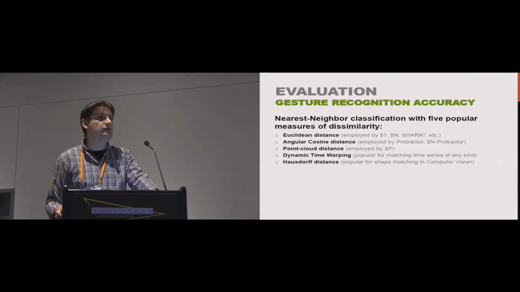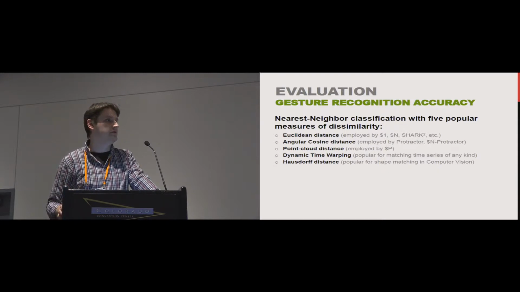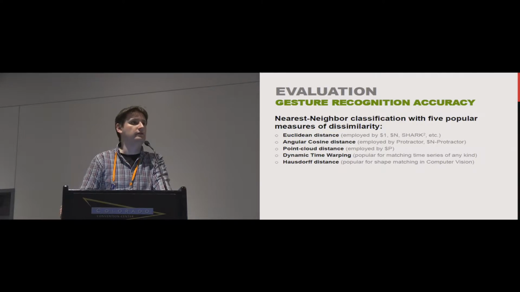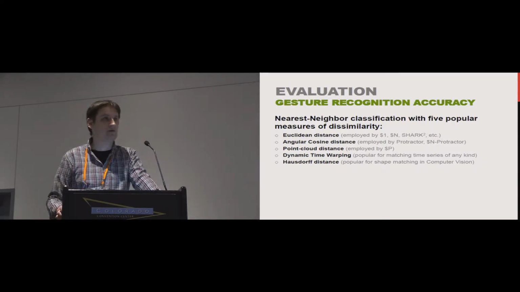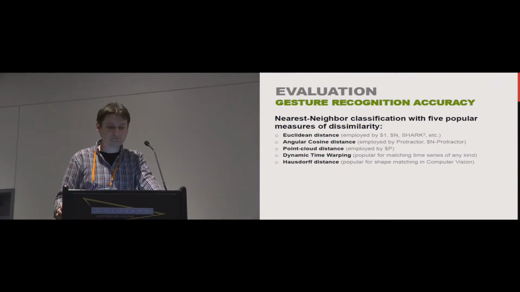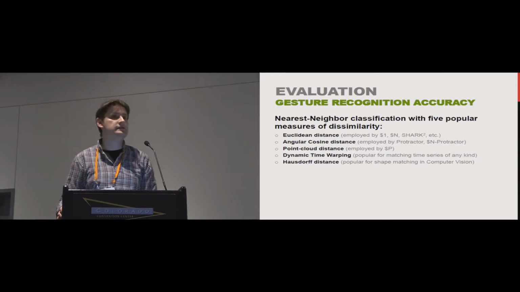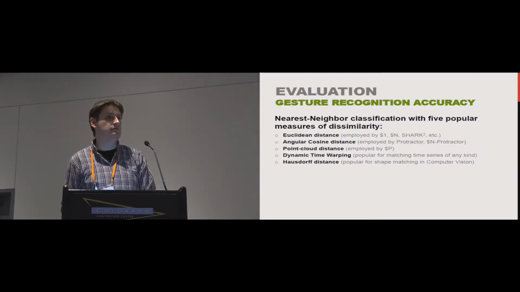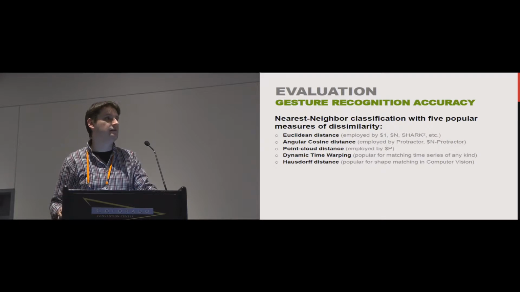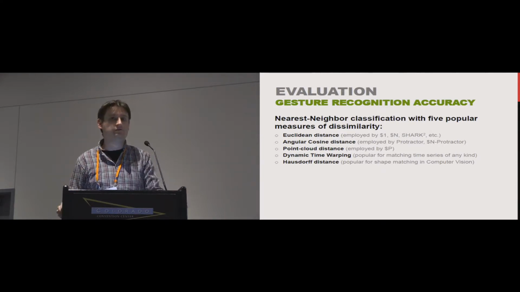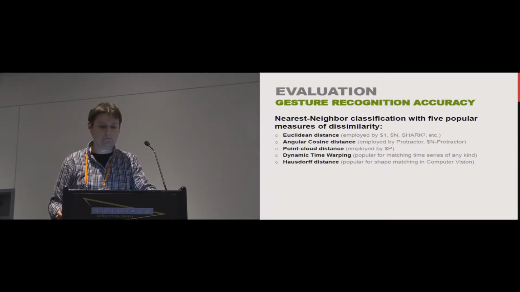Okay, so in order to evaluate recognition accuracy for gestures produced by people with low vision, I conducted a recognition experiment, and one of the variables was the recognizer. And I employed 5 popular recognizers, which are all instances of the nearest neighbor classification approach, implementing various types of dissimilarity functions in order to compare candidate gestures with templates from the template set.